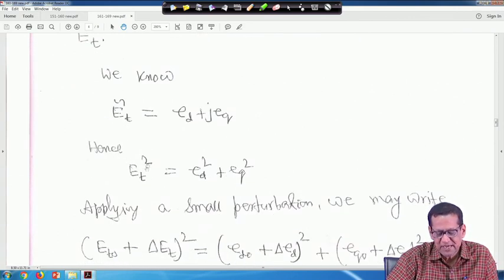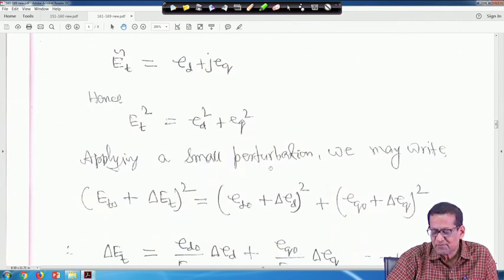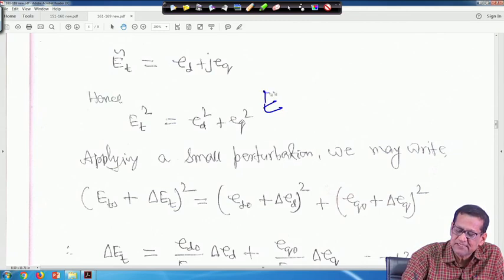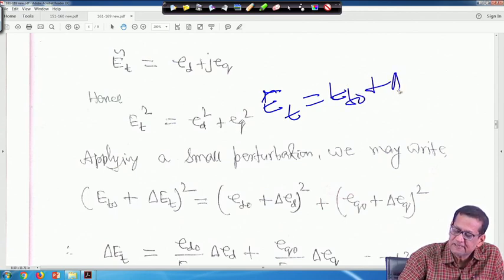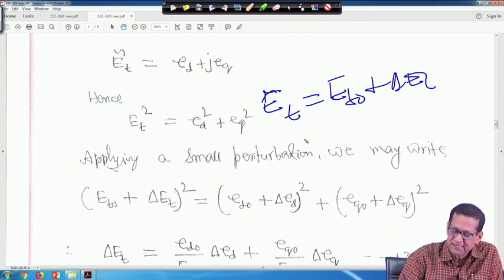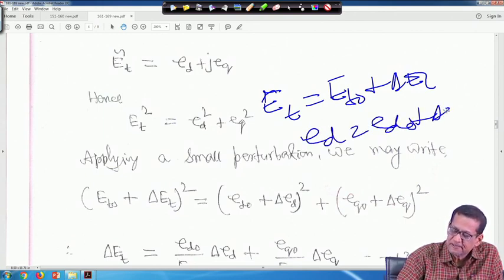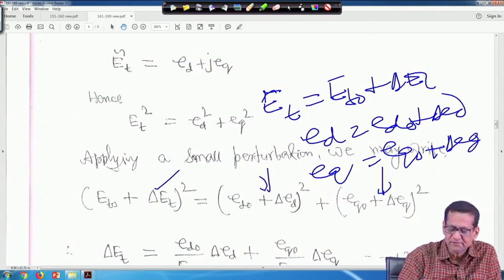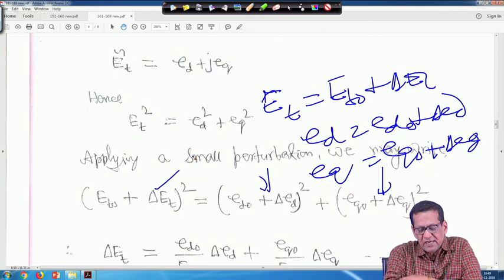Therefore, taking the magnitude, we know Et squared is equal to Ed squared plus Eq squared. Now, for analysis of a small perturbation, when you take a small perturbation, say the initial value was there, so Et is equal to Et0 plus delta Et. Similarly, Ed is equal to Ed0 plus delta Ed, and Eq is equal to Eq0 plus delta Eq, which we substitute here.